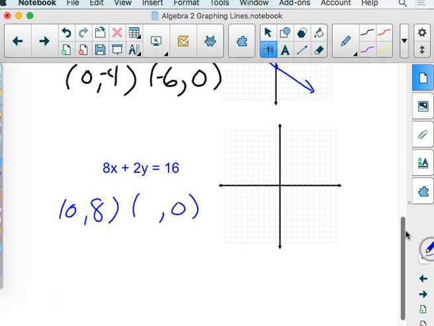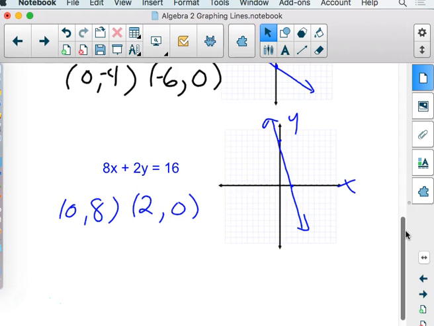What's the something? 0, 8, 2, 0. Spread pretty wide there. There we have it. So 2 major forms that we're looking at here.